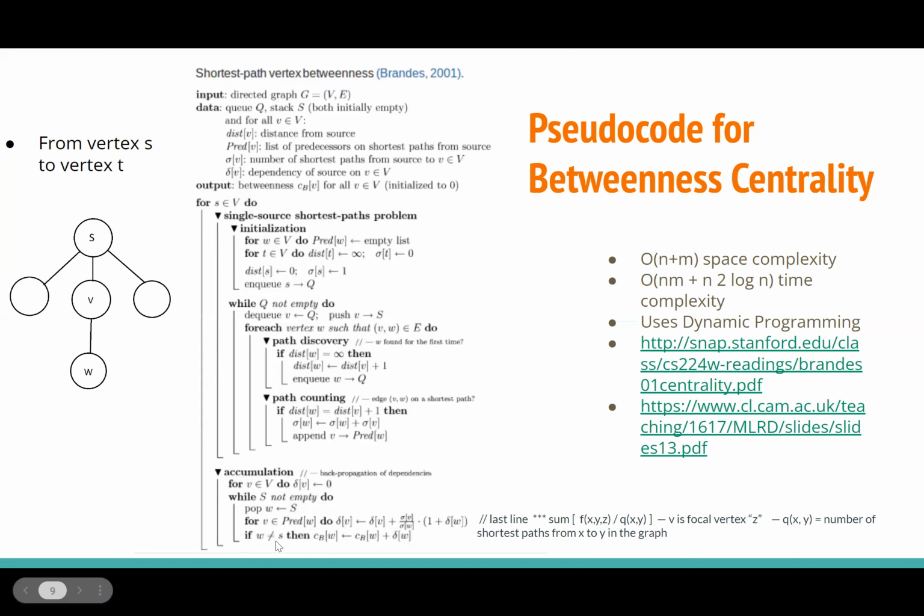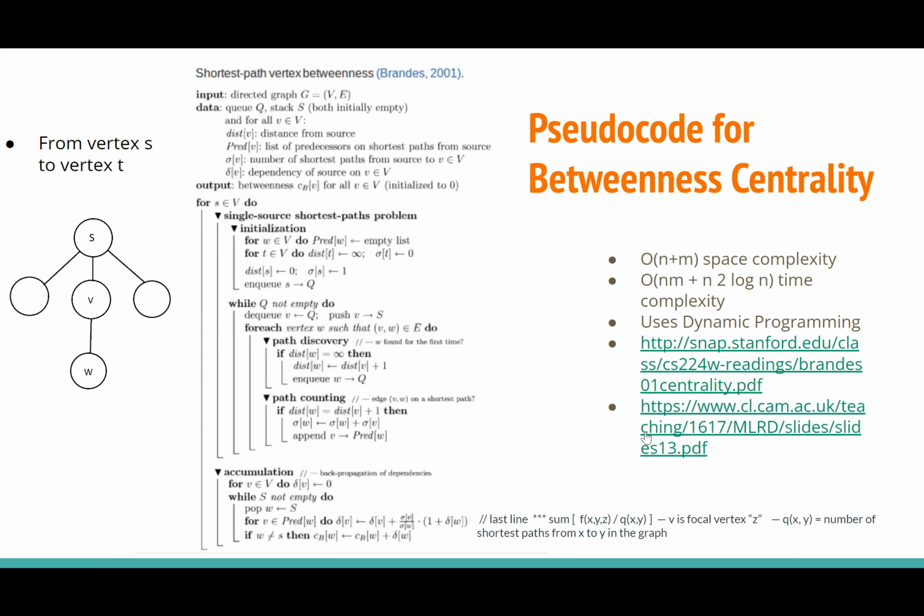And while W does not equal S, so it's not at the start point, then the CBW, like I said before, is this sum of F of X, Y, Z over Q, X, Y, of W is now assigned the same plus the dependency of W. So again, this will just keep looping through until we finally end here at the source, and it will tell us the betweenness centrality.